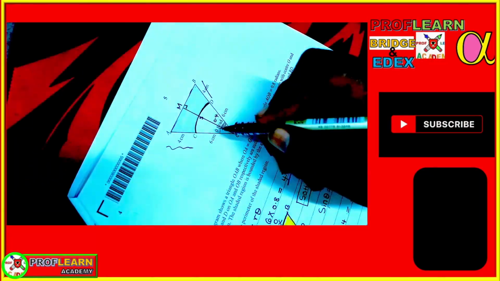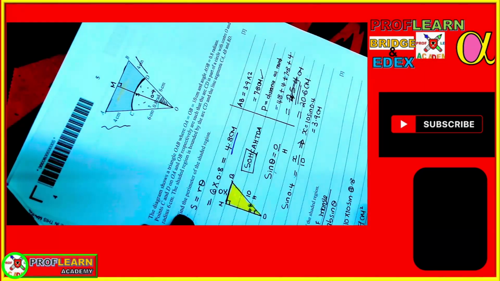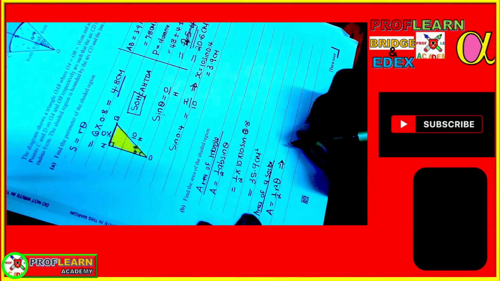Then we need to find the area of the sector. This sector we have here, and the area of the sector is given by the formula area is equal to a half r squared theta. That is the area of a sector when the angle is given in radians.